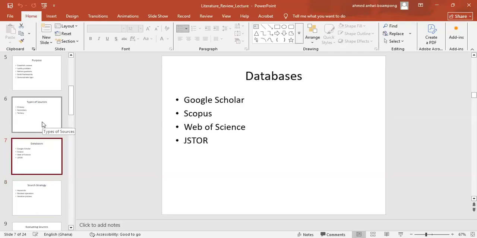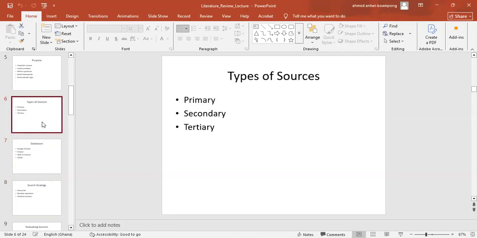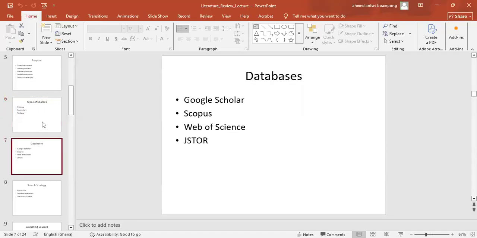We have said that there are three sources: primary sources, secondary sources, and tertiary sources. And where to find these sources, we say what? You can check in Google Scholar, Scopus, Web of Science, JSTOR. But also mind you that not everything you find online is credible.